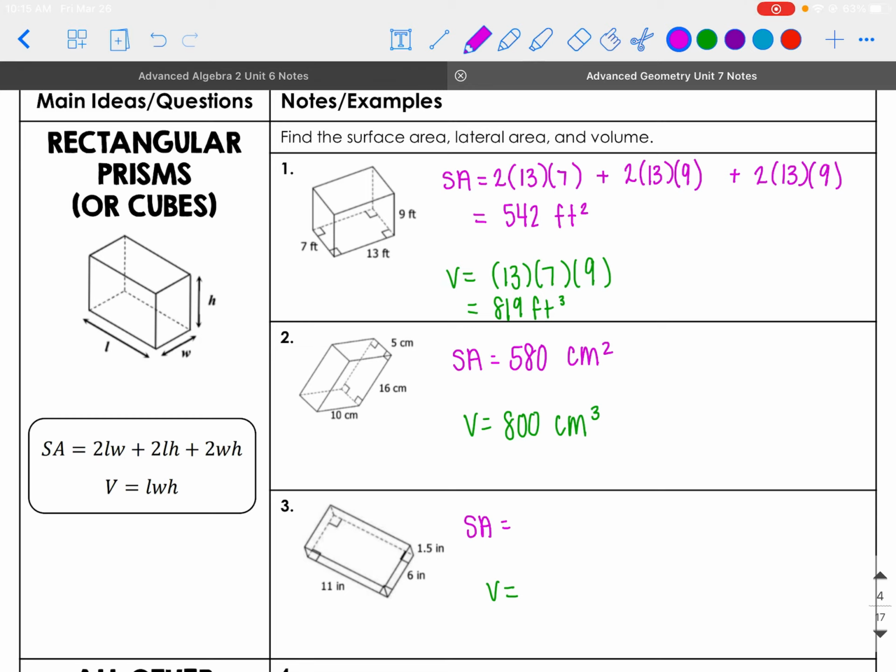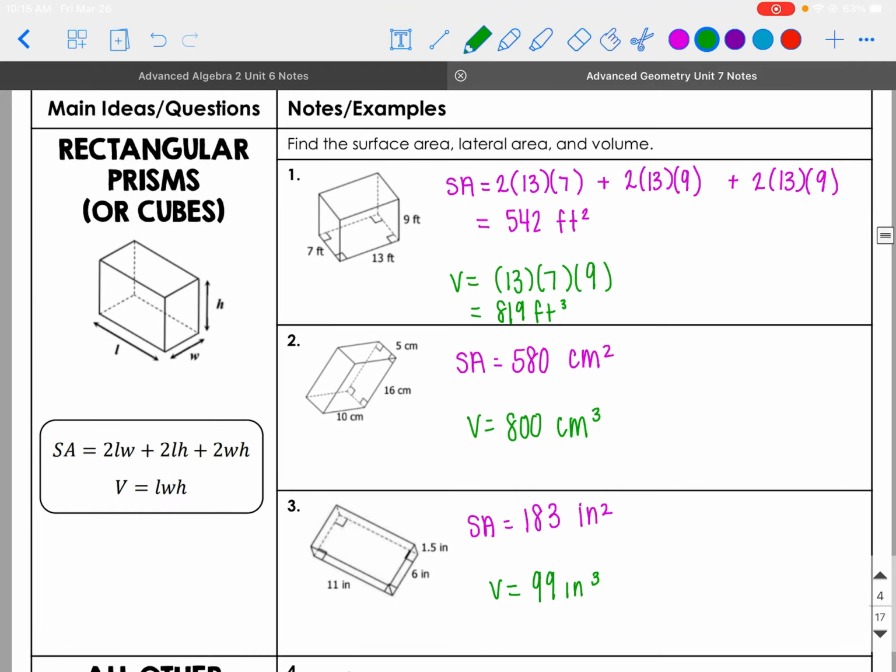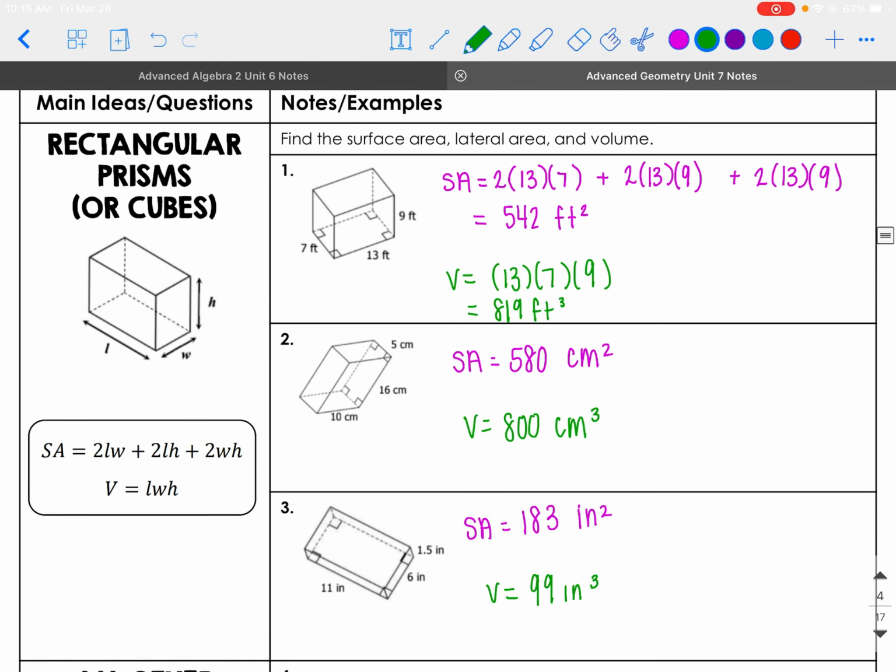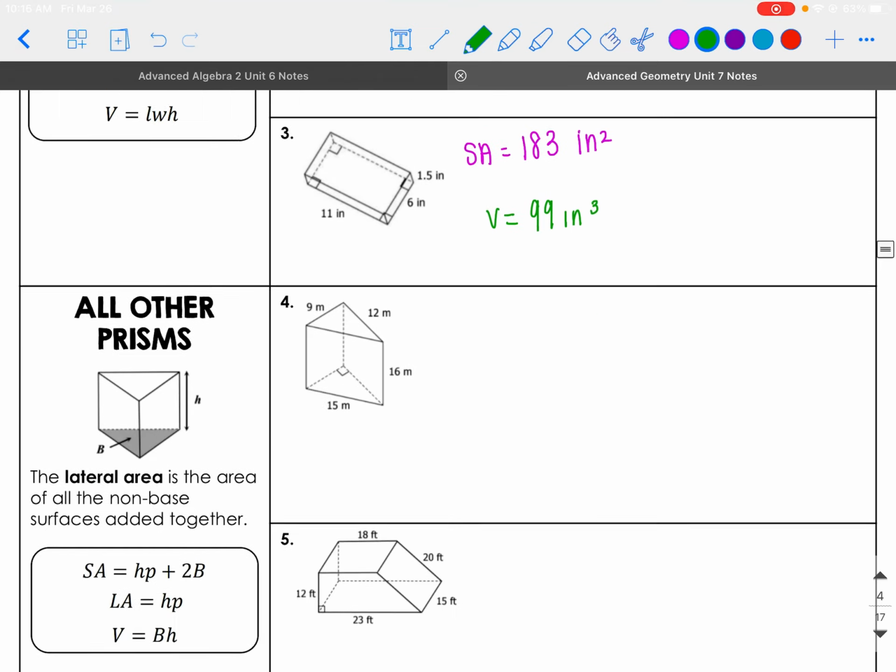Number 3, for the surface area, you should have got 183 inches squared. And for the volume, 99 inches cubed. So rectangular prisms or cubes, pretty straightforward.